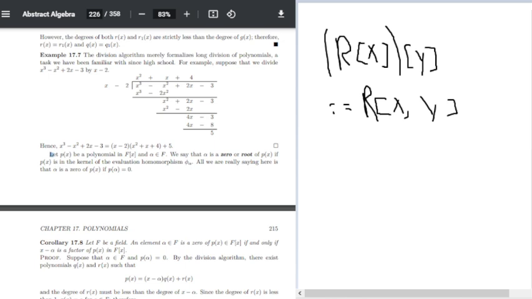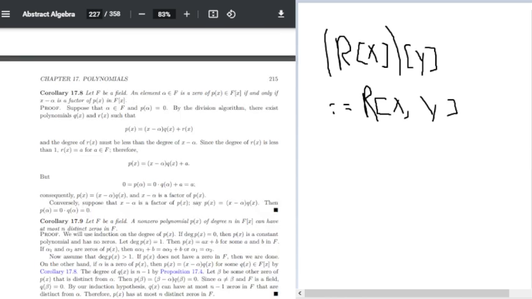Corollary 17.8. Let F be a field. An element alpha in F is a zero of p(x) in F[x] if and only if x minus alpha is a factor of p(x) in F[x]. Proof. Suppose that alpha is in F, and p(alpha) is equal to 0. By the division algorithm, there exist polynomials q(x) and r(x) such that p(x) is equal to (x minus alpha) q(x) plus r(x), and the degree of r(x) must be less than the degree of x minus alpha.